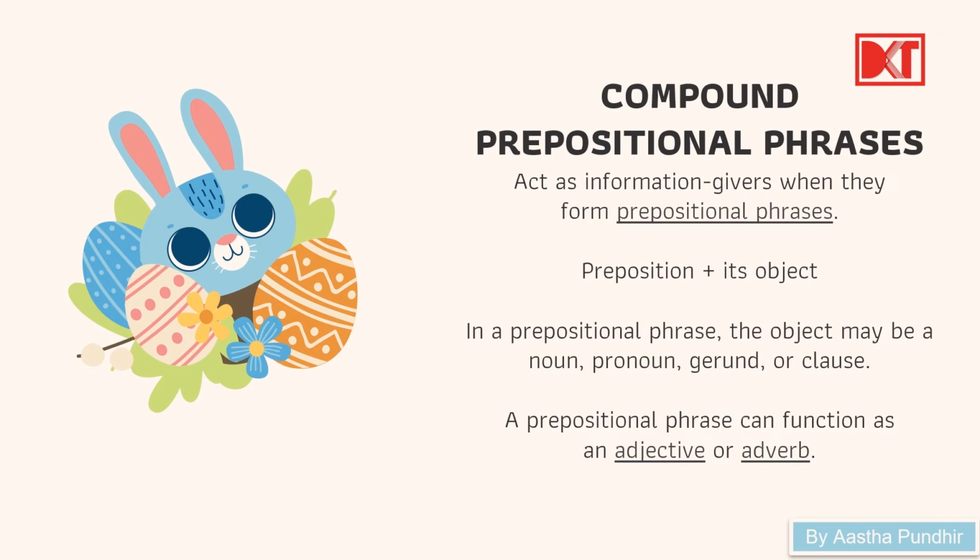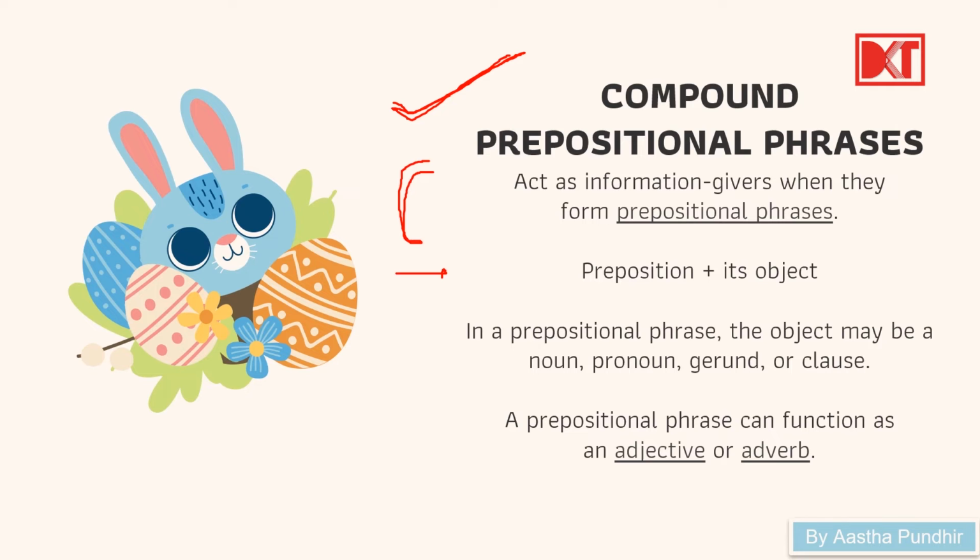Okay, next up we have this nice little category of compound prepositional phrases. What are compound prepositional phrases? These are something which act as information givers when they form prepositional phrases. Alright, they act as information givers. How are they formed? Preposition plus its object.